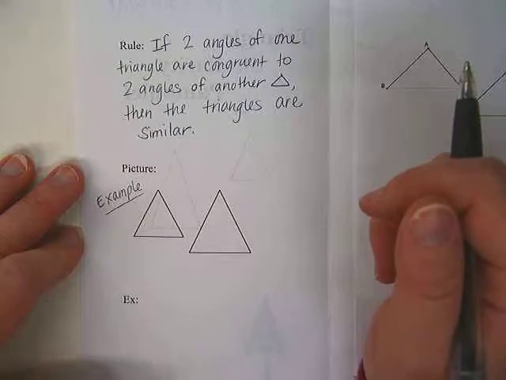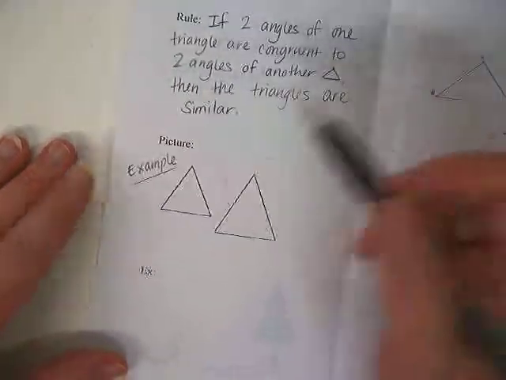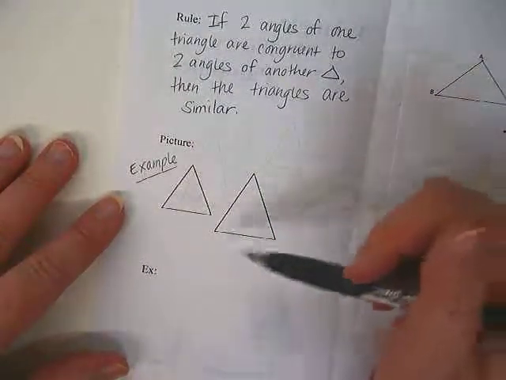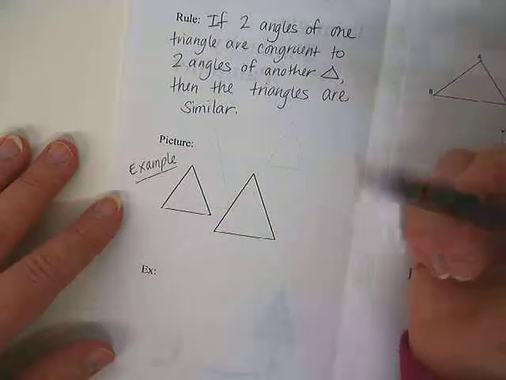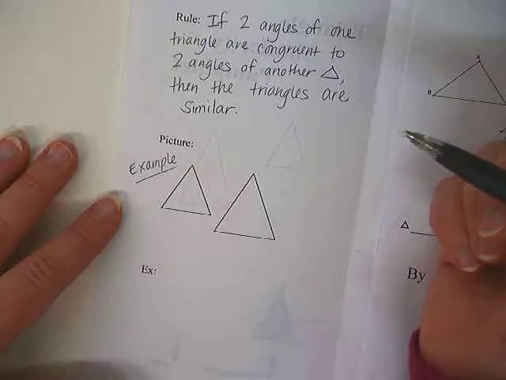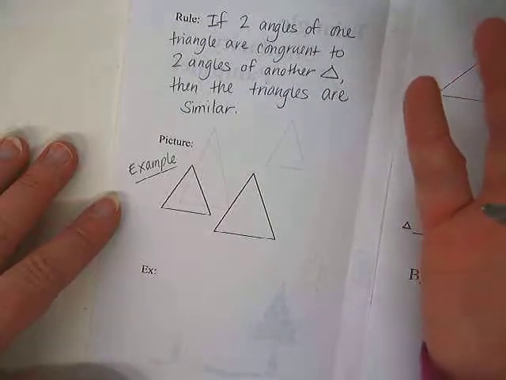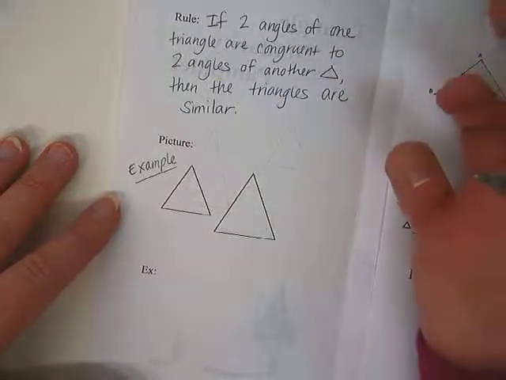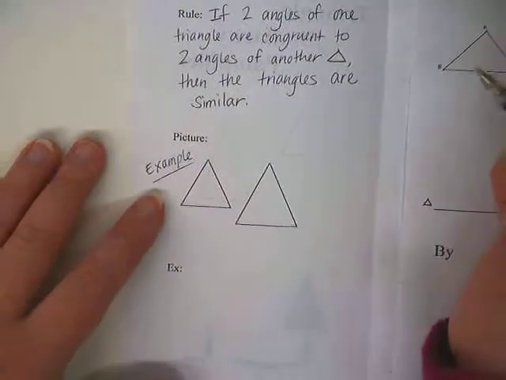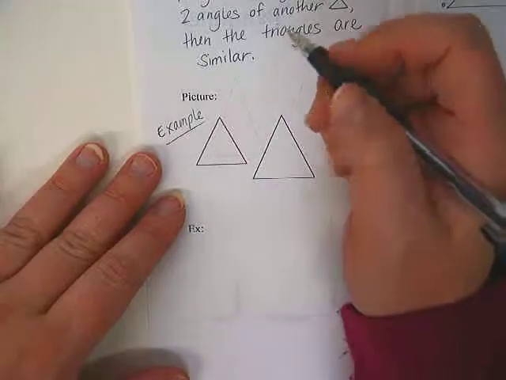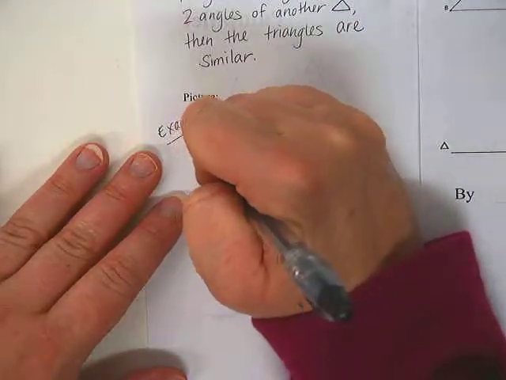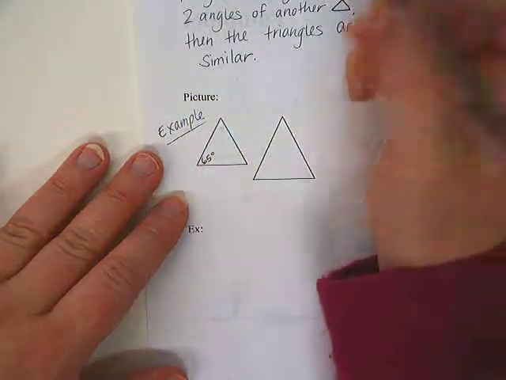What does every triangle add up to? 360. Or is it 180? Every triangle adds up to 180. So if you know that 2 of the angles are the same, what do you automatically know about the third angles? They automatically have to be the same. So 2 angles is enough because the third angles will automatically be congruent as well. That's as little information as possible to get the job done.